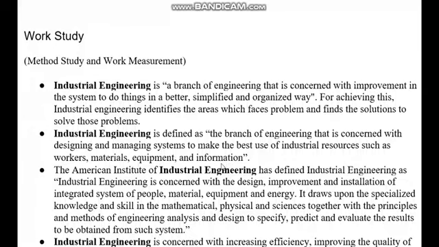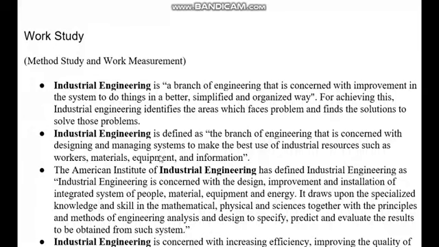According to this definition, these are the resources that we use in industries: our workers, the materials that we use, whether it is raw materials or supplies, the equipment, the machines and other things, and the information, data and other things.